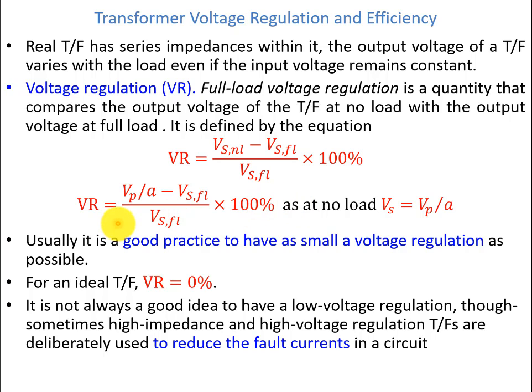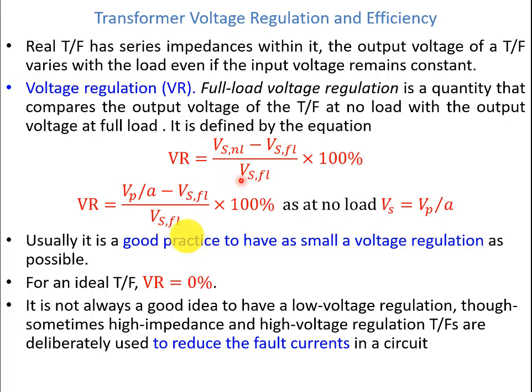A small voltage regulation is good practice, so that we have fewer losses inside the transformer, because a good transformer will give us a small voltage regulation. For an ideal transformer, which is a lossless device, the voltage regulation will be 0, because the no load voltage and the full load voltage will be the same.